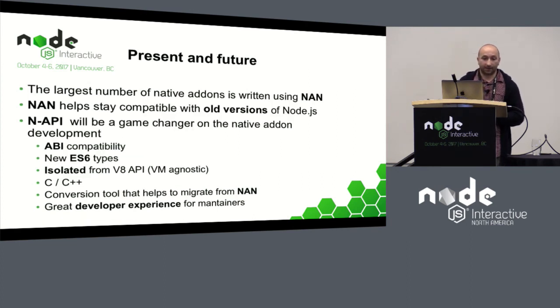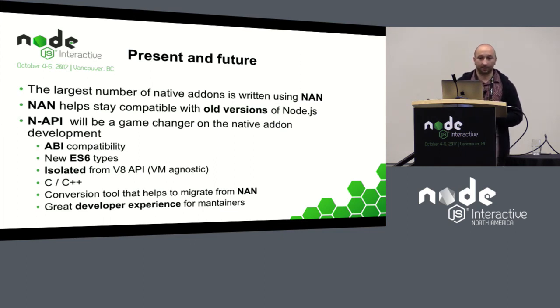Today, the largest number of native add-ons are written with NAN. NAN helps us to stay compatible with all the versions of Node.js. I think that today, if you want to implement a native add-on and use it in production, you have to use NAN.